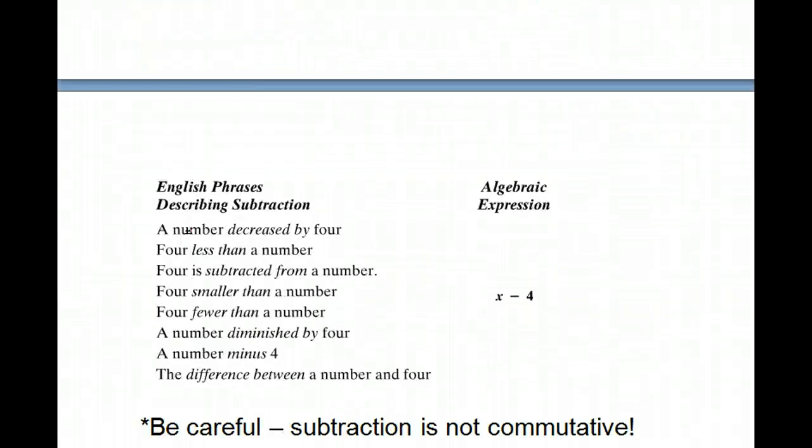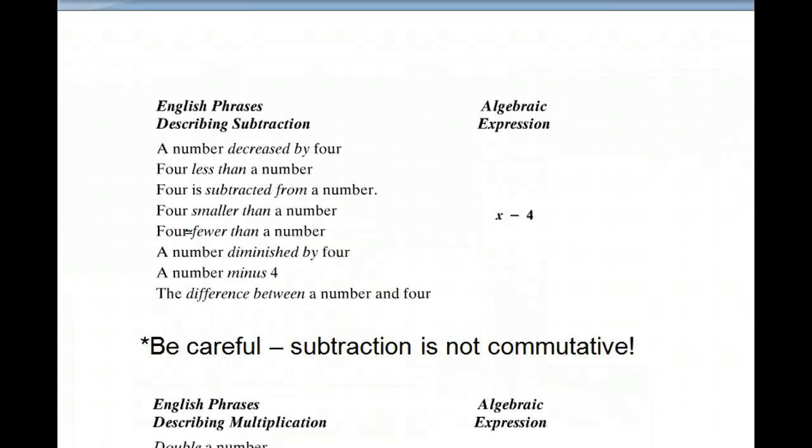The next set of phrases that I have for you describe subtraction. And I have a big note here for you that subtraction is not commutative. So you have to be very careful about how you are writing these phrases.